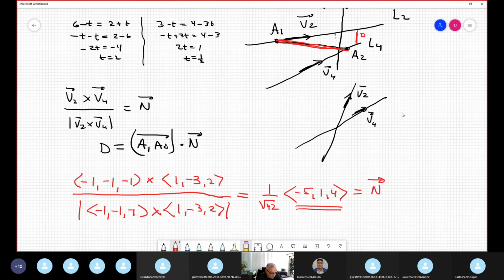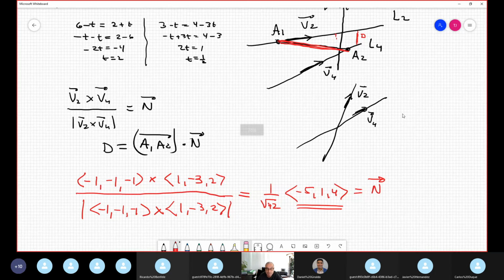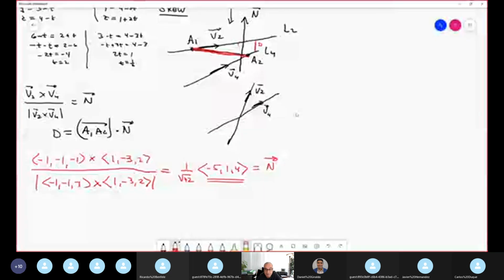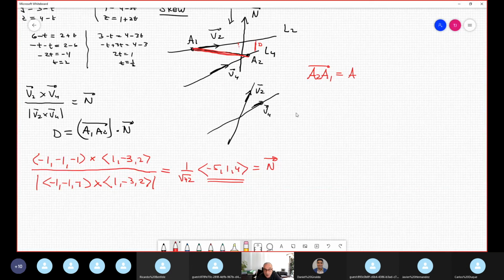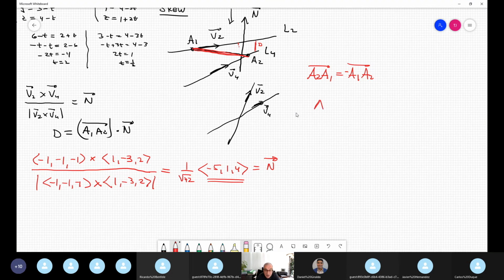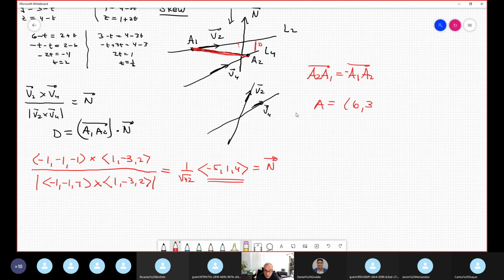Now I need to find the vector A2A1, or A1A2. It doesn't matter. No, it's not the same, it's the opposite sign, negative, but I don't care about the direction. The direction is not important. So the points involved in the problem: the point A1 is (6, 3, 4) and the point A2 is (2, 4, 1).